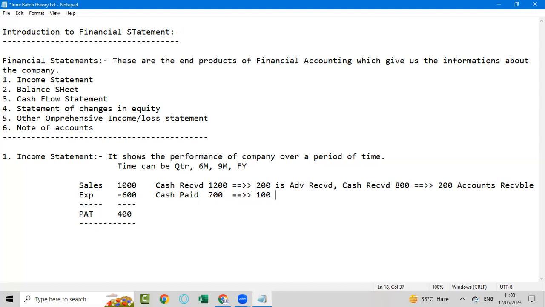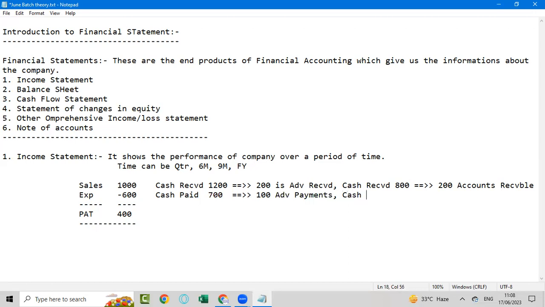Then 100 is your advance payments. Means you have paid more than what you should pay, more than your expenses. Maybe these are your advance rent payment. These are your advance subscriptions payment. These are some payment for advance salary or something else. So this is an advance payment, right?